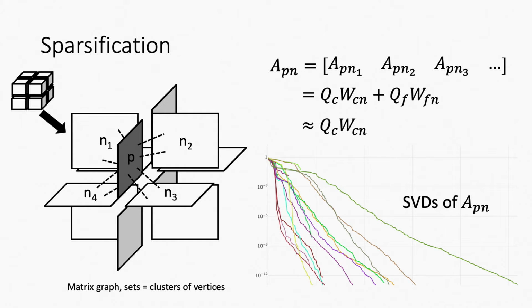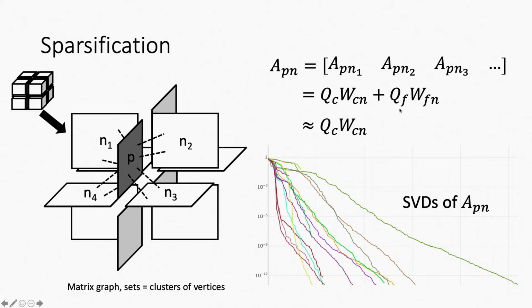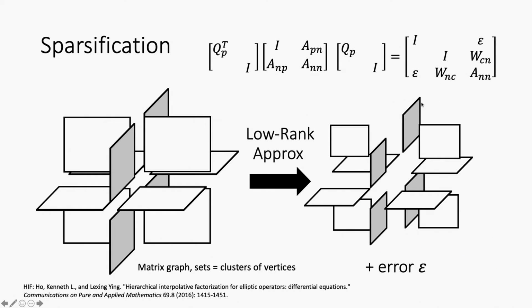But because most of those connections from P to the others are fill-in, it does work. So you start from the left, you eliminate a bunch of interiors, and now you do those low-rank approximations from here, and you drop the low-rank part. Effectively, when you do that, you reduce the size of all of those interfaces, typically by around a half.